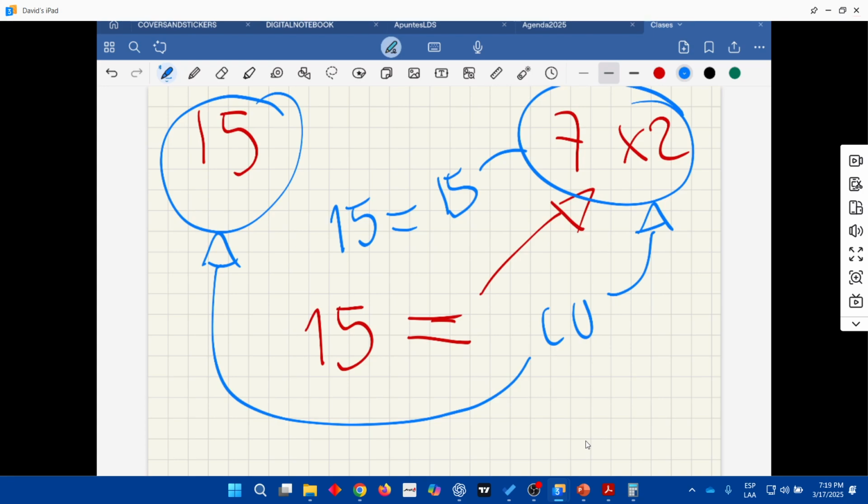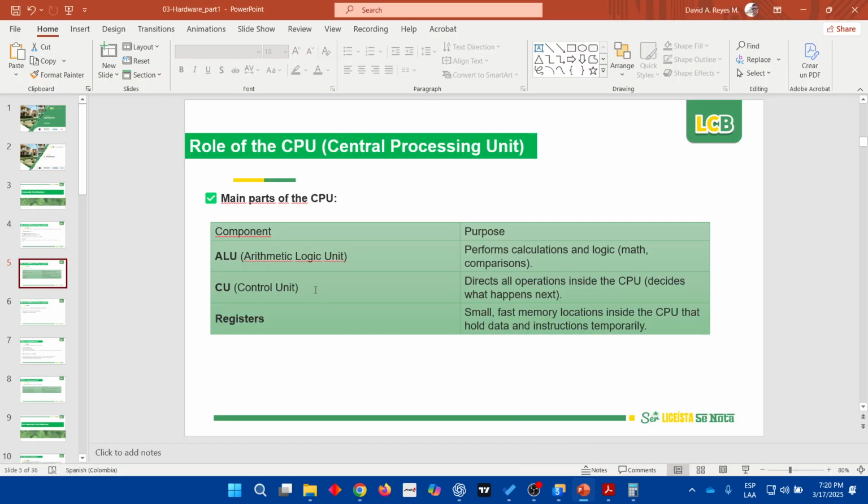Okay? So the control unit is the one that is going to perform the instructions and is going to give to the processor which instruction is next. Okay? So that is what the control unit performs.